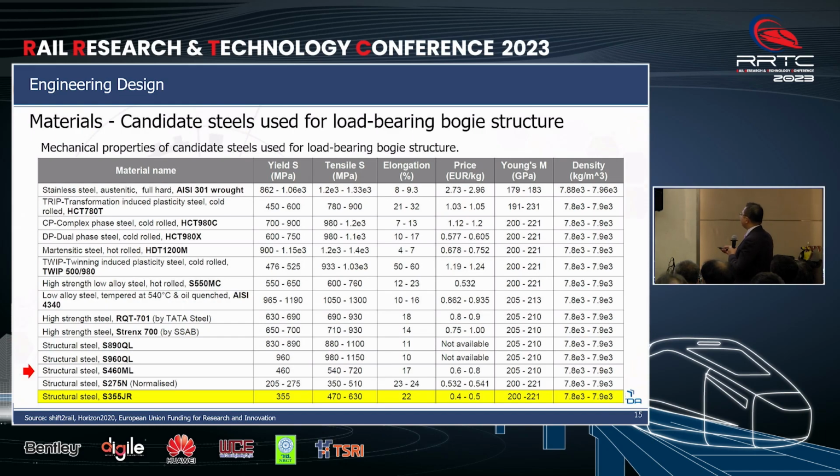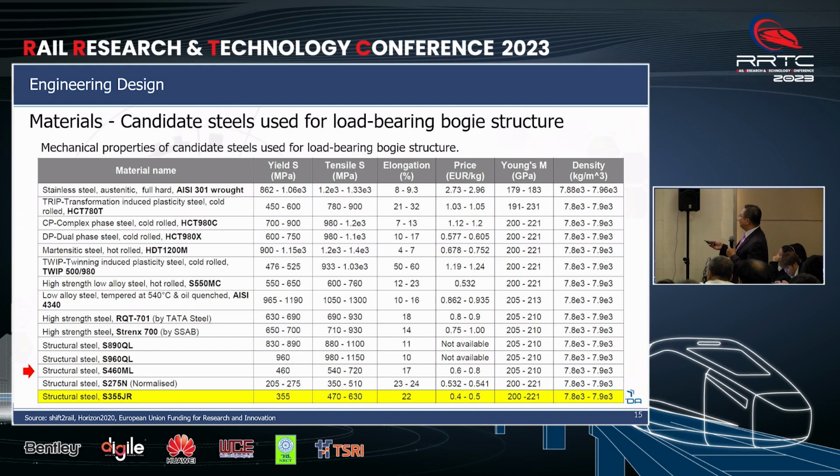and the tensile strength can be 540 megapascal. Okay. How about the price? If we compare with S355, the price should be around 0.4 to 0.5 euro per kilogram.